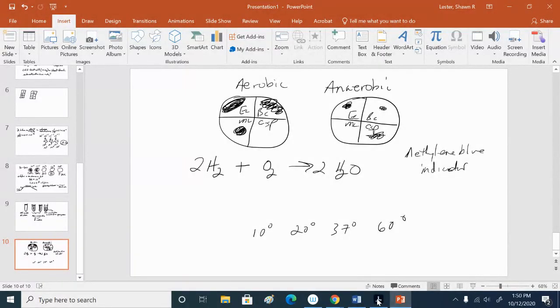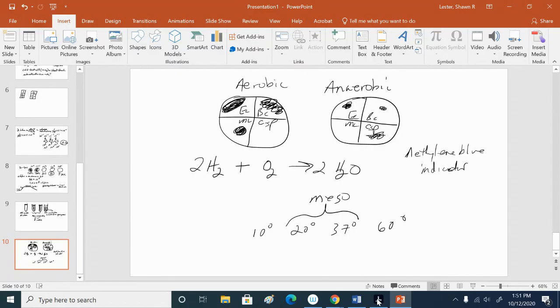And so what if you had an organism that grows at 20 and 37, especially good at 37? It's a mesophile. A mesophile, right?